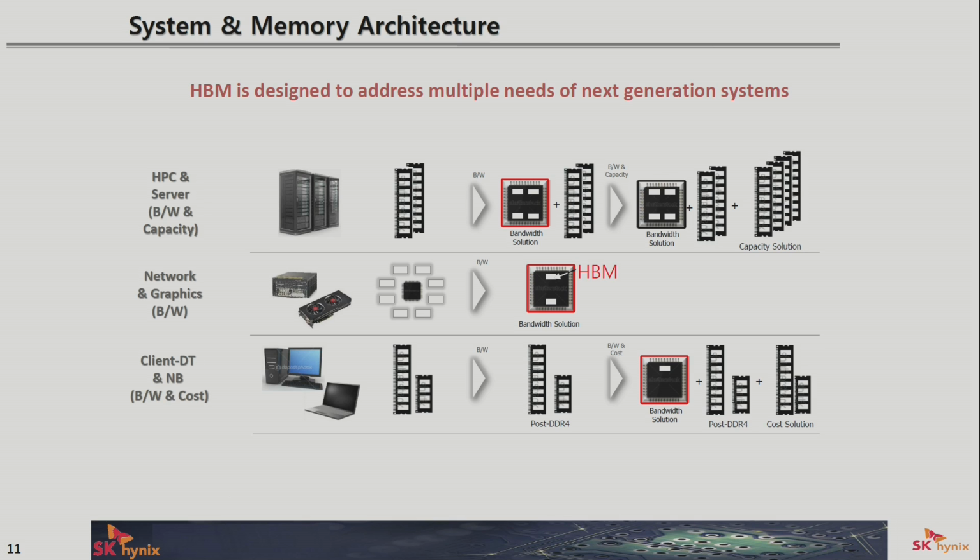HBM is extensively adopted in networking as well as graphics, where it acts as a buffer memory that offers, again, very high bandwidth and very low power as well. We're also seeing designs in desktop and notebook that are evaluating and adopting HBM technology, again for the same merits that I have discussed.